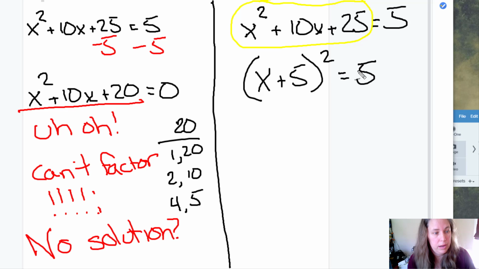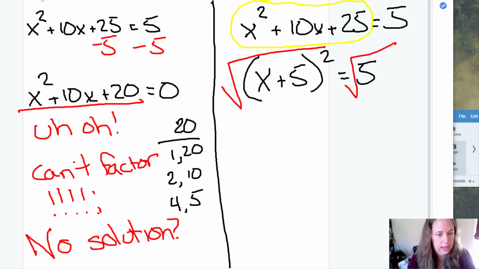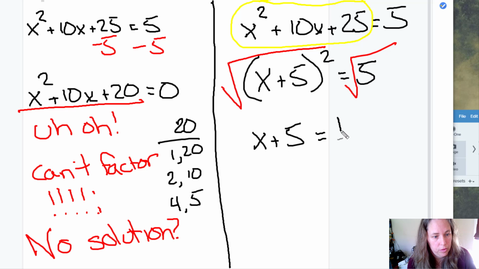This would have been better if I had chosen something other than 5 for our right-hand side, but oh well. Take the square root of both sides, and we get x plus 5 equals plus or minus root 5.